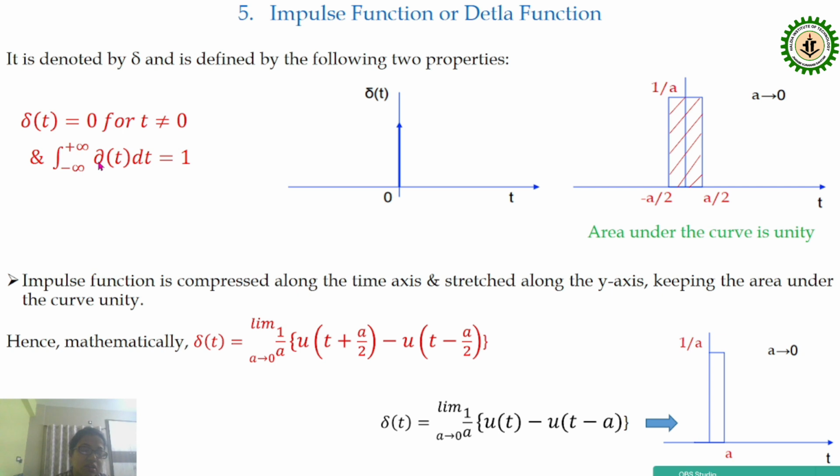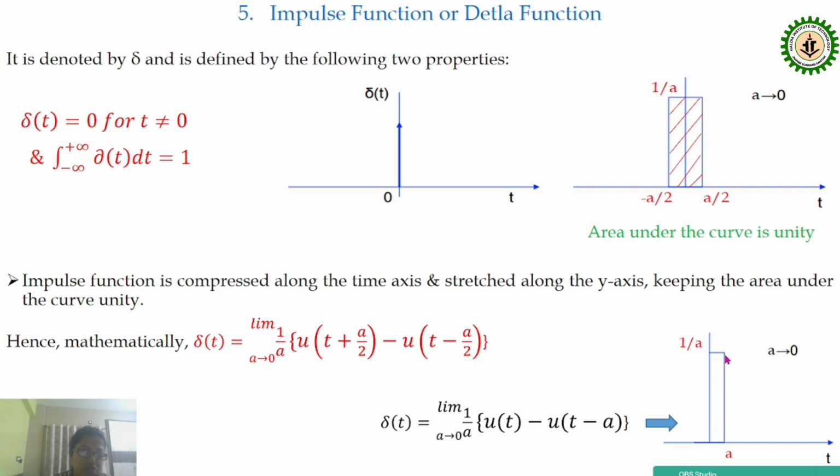Whenever you express the impulse function by some expression, you have to mention both conditions. The first is delta t equals 0 for t not equals 0, and also the area under this impulse function is always unity. Now you can also compare this function with the gate function we just discussed. If we compare with the gate function, we can express it this way too.